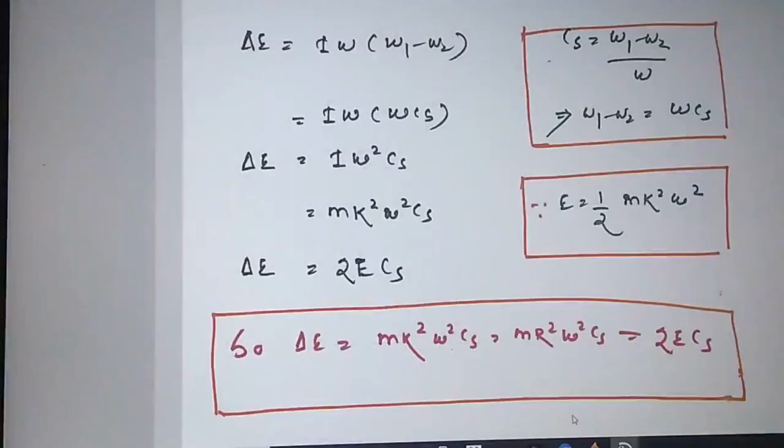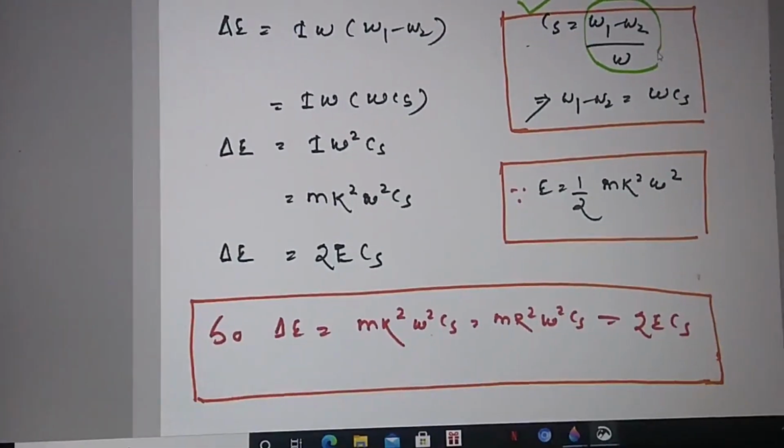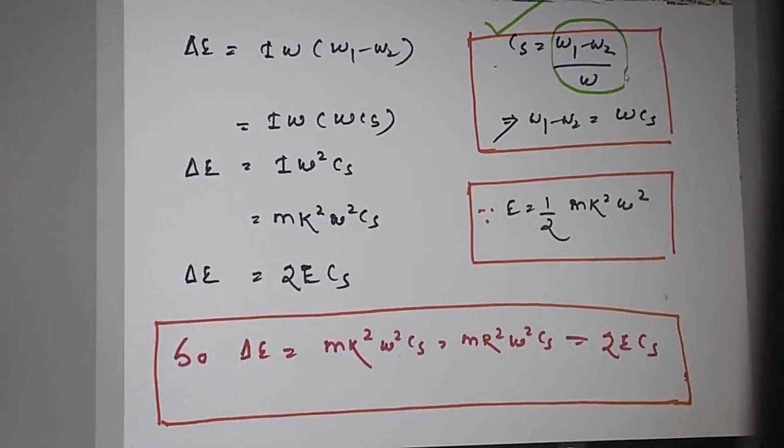Next, we have the expression Cs is equal to omega 1 minus omega 2 divided by omega, from where omega 1 minus omega 2 is omega into Cs.